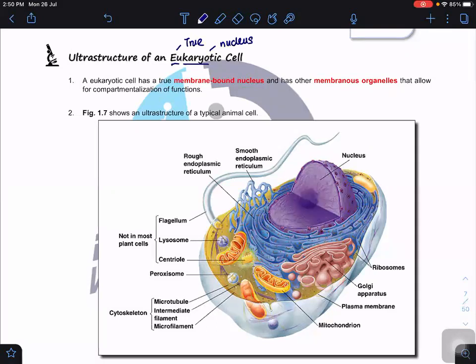So at some point in their lifespan, they have a nucleus. When we talk about eukaryotic cells, they have a true membrane-bound nucleus and some other membrane-bound organelles.